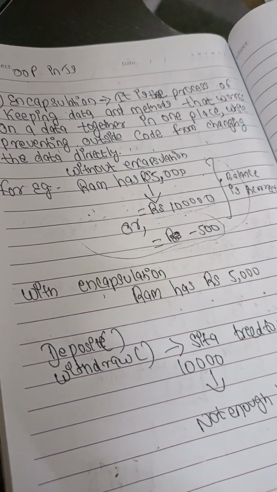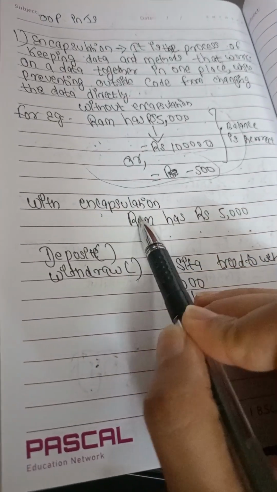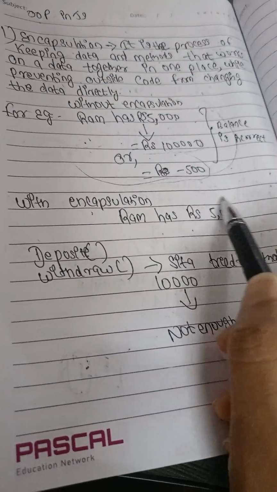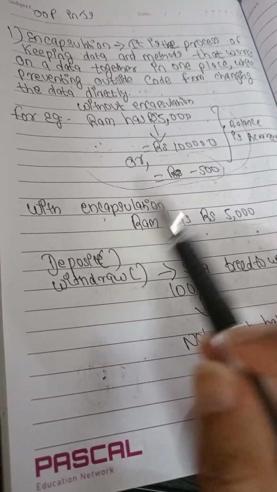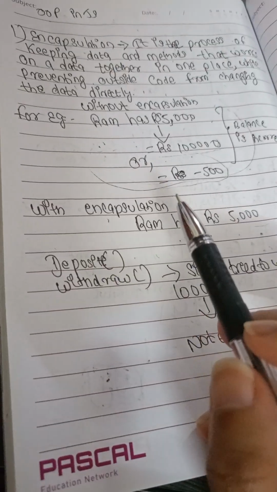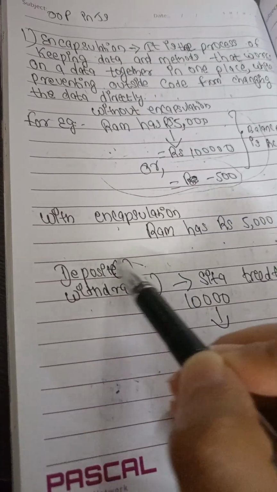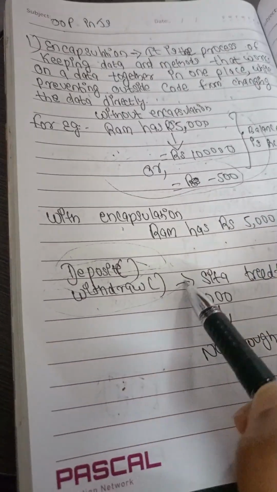Meanwhile, with encapsulation, Ram has 5,000 rupees, and nobody can touch your balance directly. First of all you must use the deposit method, then the withdraw method.